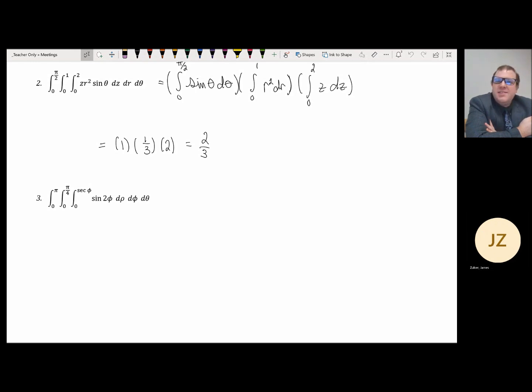Do we have a theta in the integrand? Are any of the limits of integration dependent on theta? No, right?